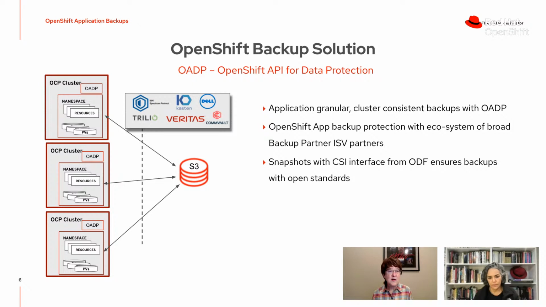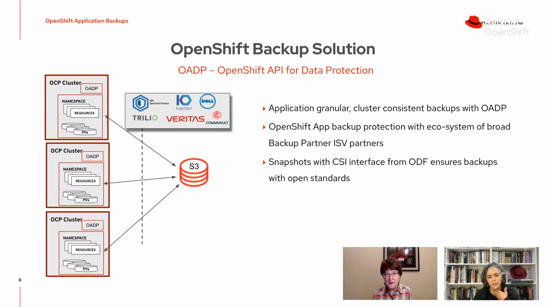So they all have to work together, and OADP is an alternative using the upstream Velero APIs to do what Trilio and Kasten and Commvault do by using the CSI driver capability of snapshot and clone. So if you just don't want to have to get a third party, you could start with OADP and see if that works for you.